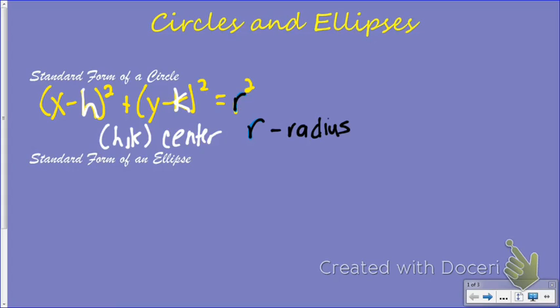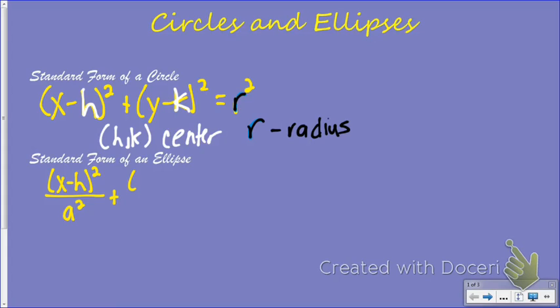Then for standard form of ellipse, it looks a little bit differently because an ellipse is longer on one side and doesn't have the same radius everywhere. So in ellipse standard form, it's still (x minus h) squared, but that's divided by a squared.